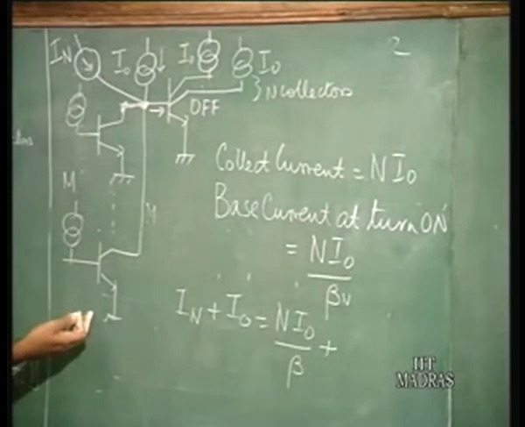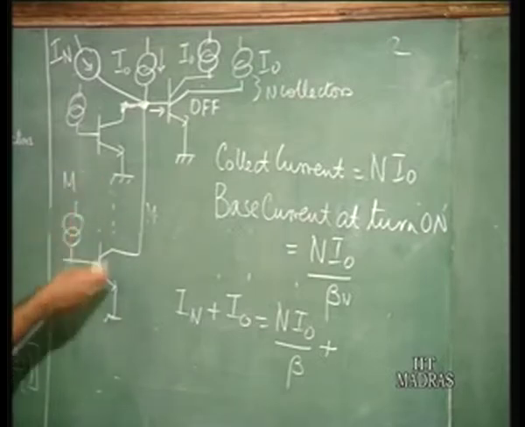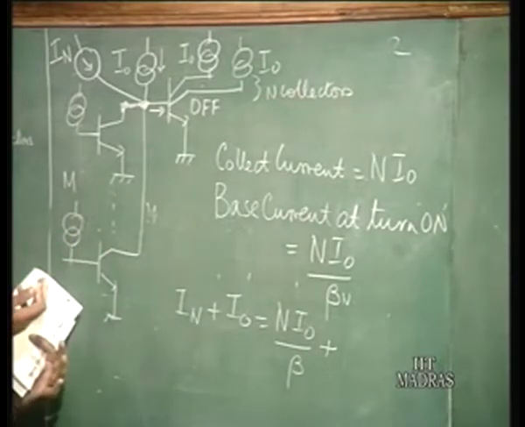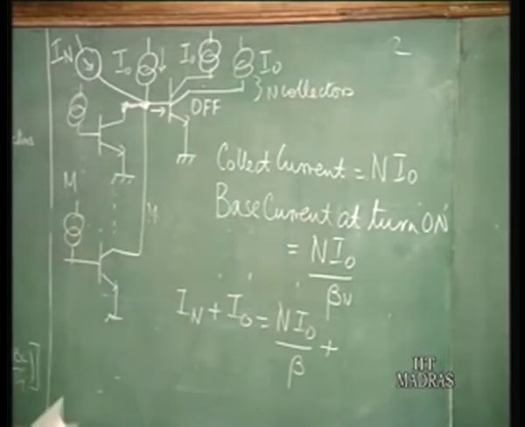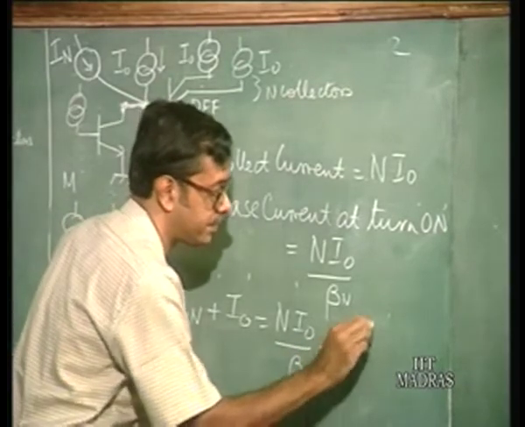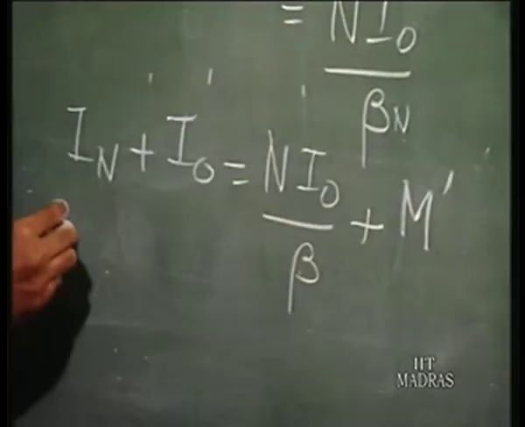So let us say m prime is the number of transistors which are on.